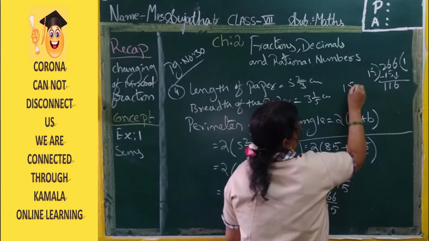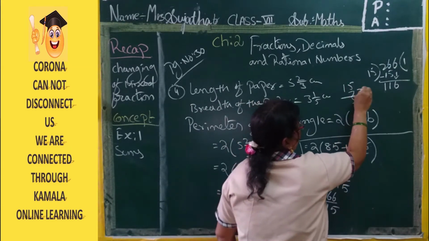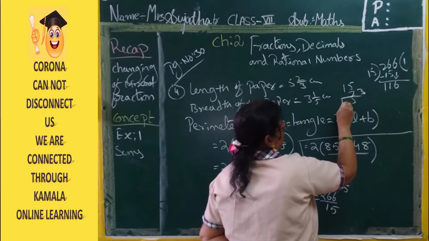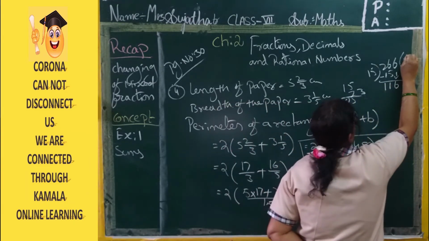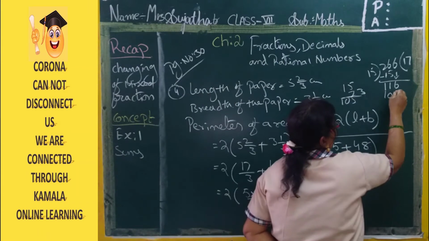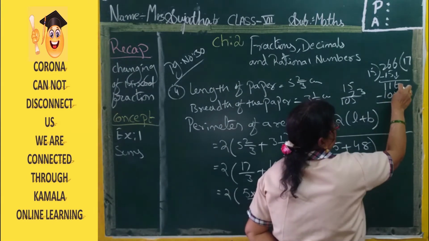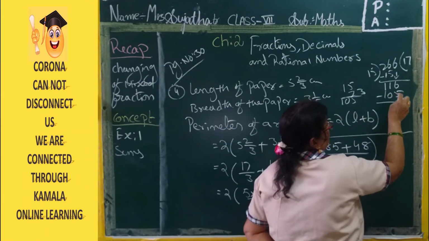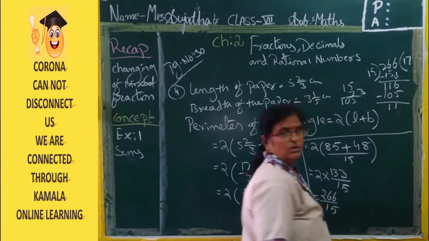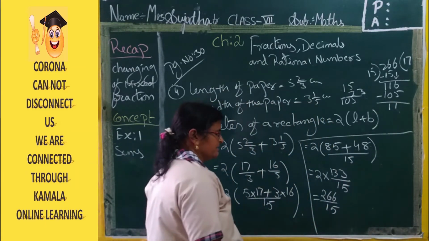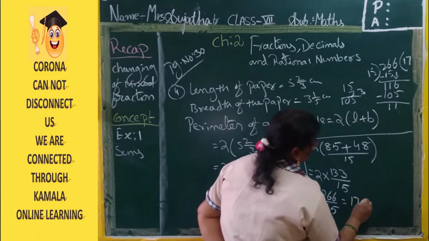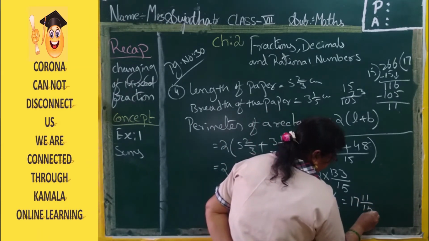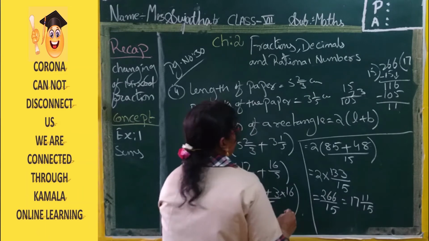Now let's see 7. 7 5s are 35, 3, 7 1s are 7 plus 3, 10. 105. Okay, it is sufficient. 15 7s are 105. Now 6 minus 5, 1. Here 1. So what is the mixed fraction now? 17 11 by 15.